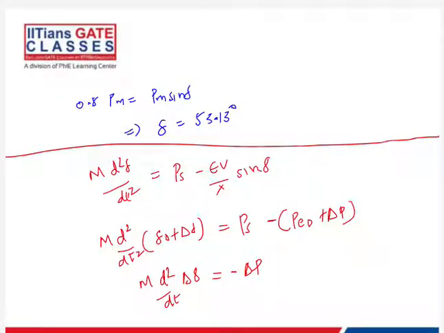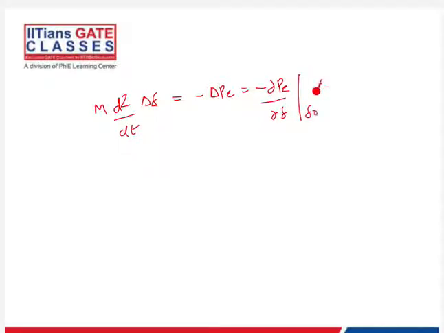If you rearrange this again, you get m d square by dt square of delta delta is equal to minus delta Pe, which is the same as minus 2Pe by rho delta, delta 0 into delta delta, basically slope into the value, right?